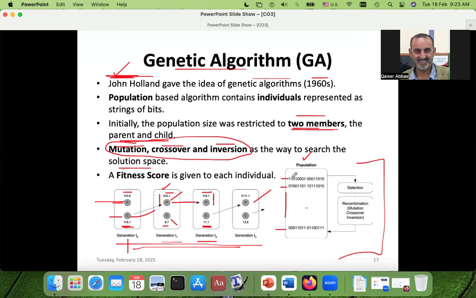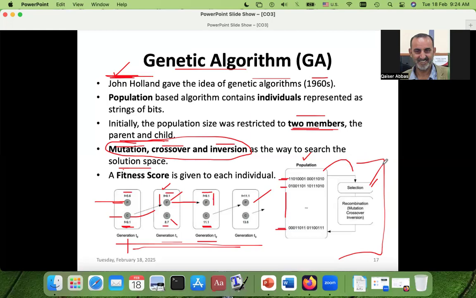But here we have binary strings, and this is a string for one individual, this is a string for another individual, and so on. And this is the population. From the population, we will select two members through some selection methods. In this genetic algorithm, you cannot do the selection simply, okay, take these two.